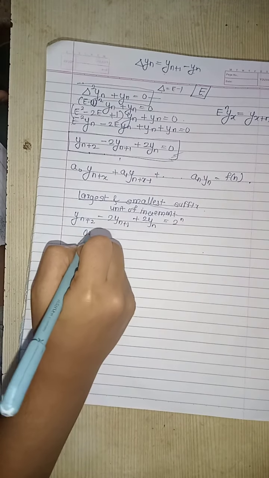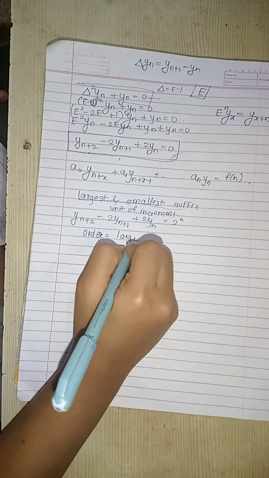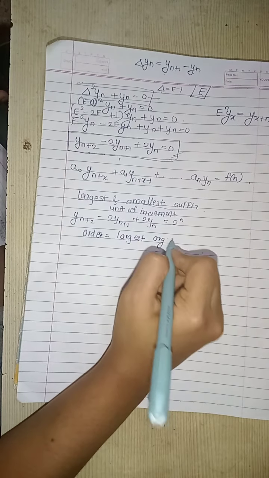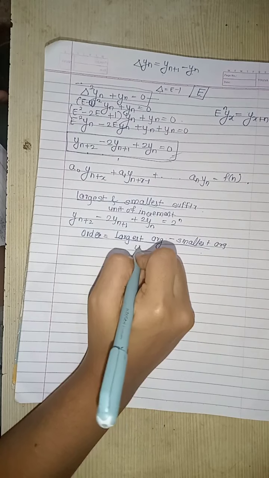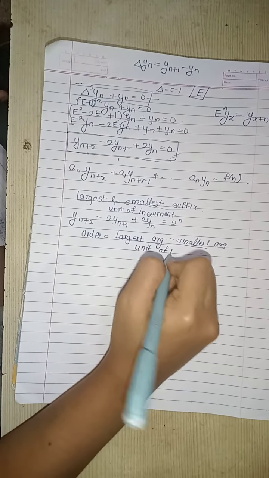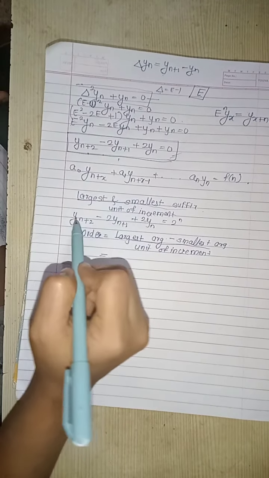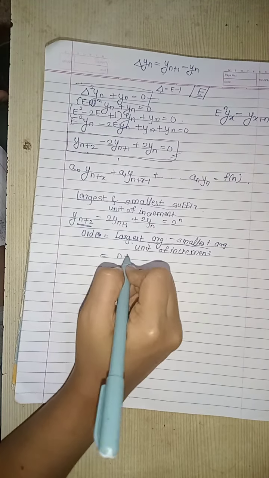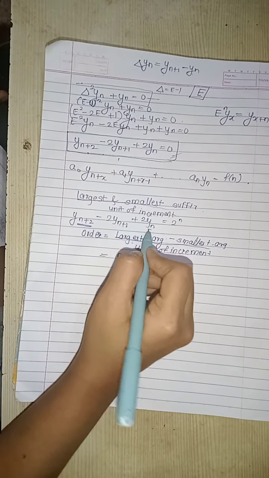Now to find the order, we have to subtract the smallest argument from the largest argument, upon the unit of increment. The largest suffix is n plus 2, and the smallest suffix is just n.